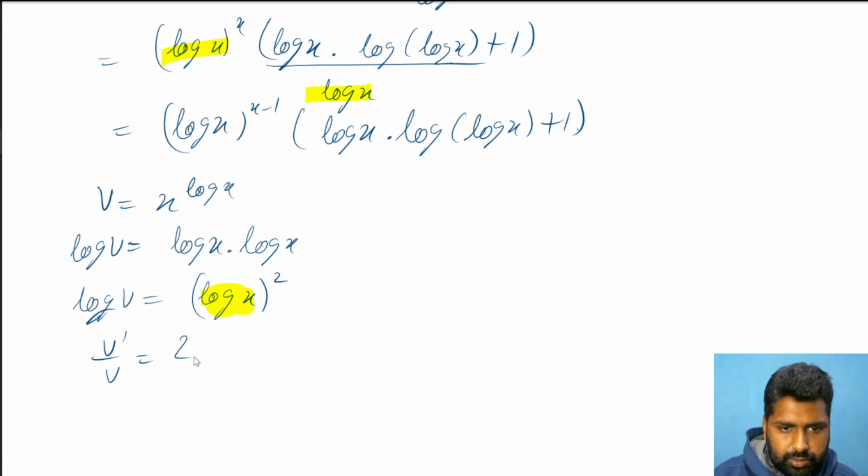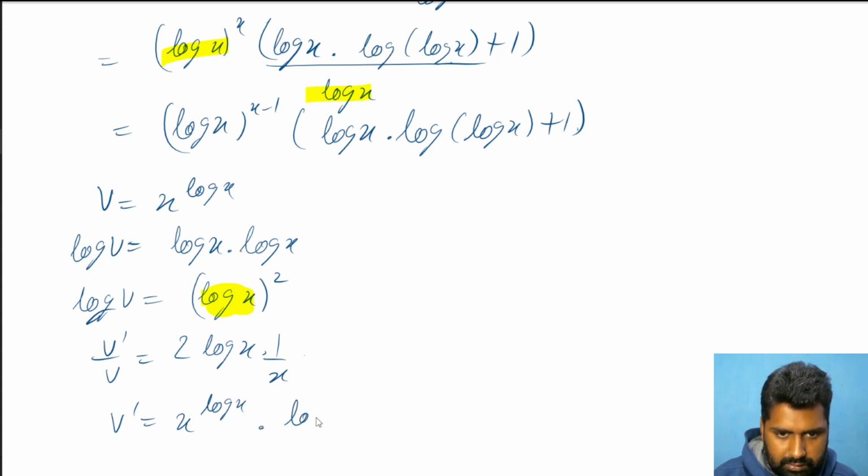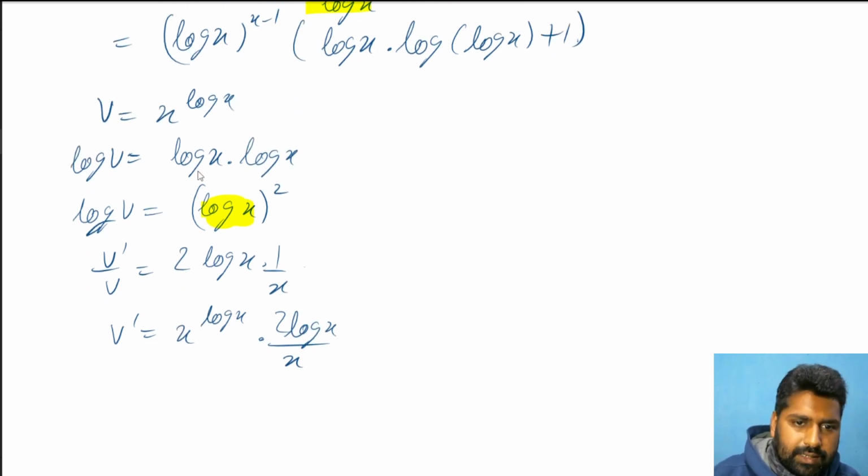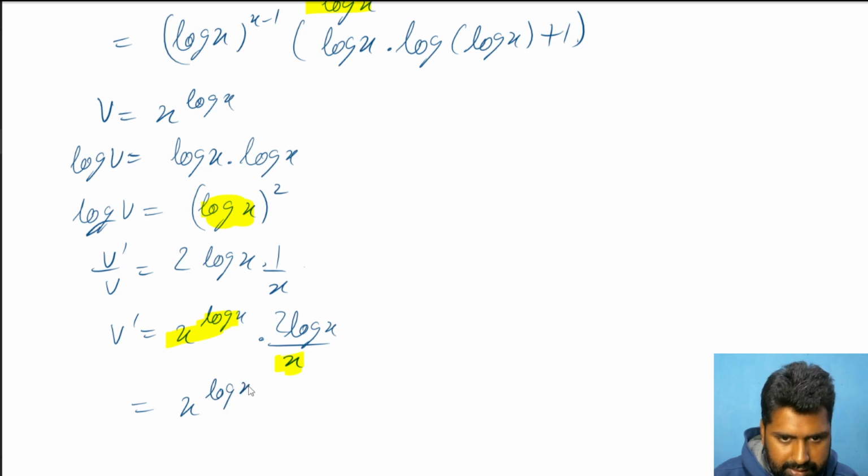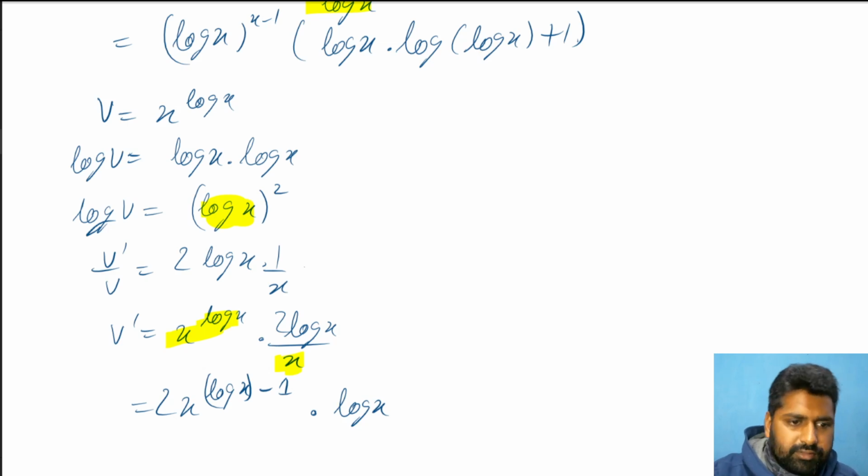So z square, so 2z, so 2 log x into differentiation of log x, 1 by x. So v dash is v, which is x raised to power log x, into 2 log x upon x. Again we can combine x raised to power log x and x. Bases are same, power will get subtracted, so x raised to power log x minus 1. Remember this is log x minus 1 as a whole power, not x minus 1. Times 2 log x. Weird looking answers. Yes, logarithmic differentiation has that.